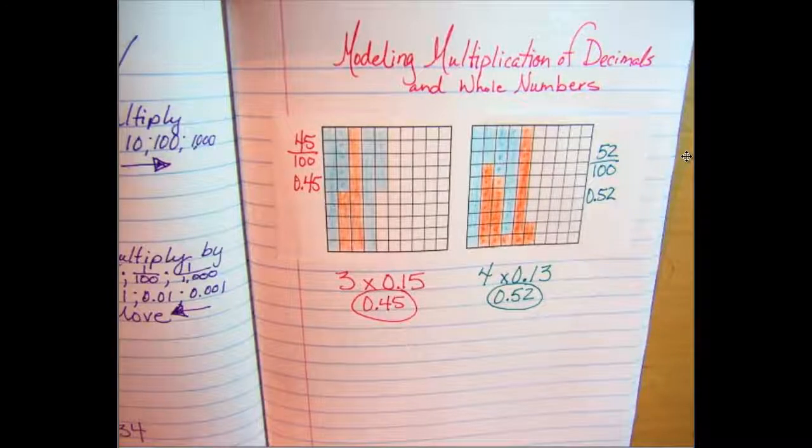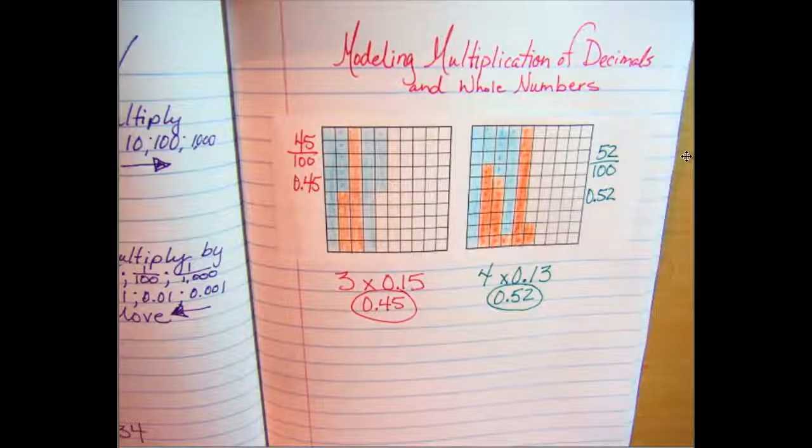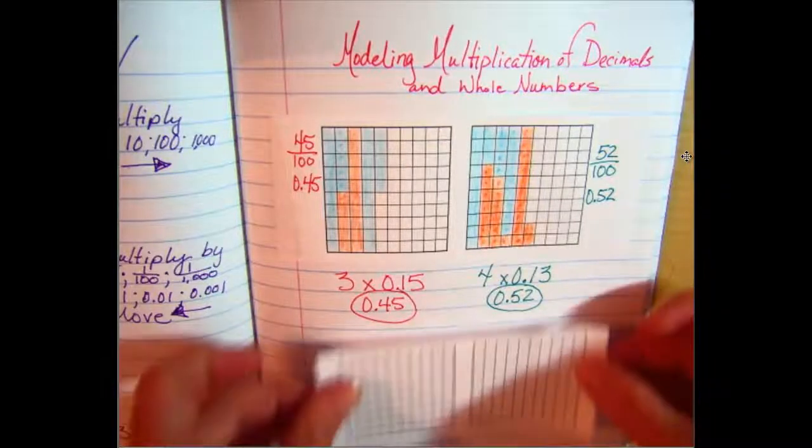Now the ones that get a wee bit confusing are the ones that have a product larger than 1. In those cases, you're going to have to use 2 boxes, which you have left on your paper. So I want you to practice seeing one of those worked out with me. When I fill up a whole square, that represents 1.